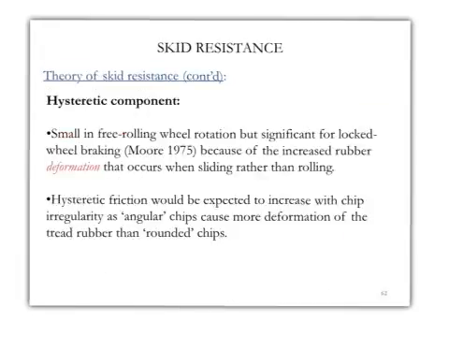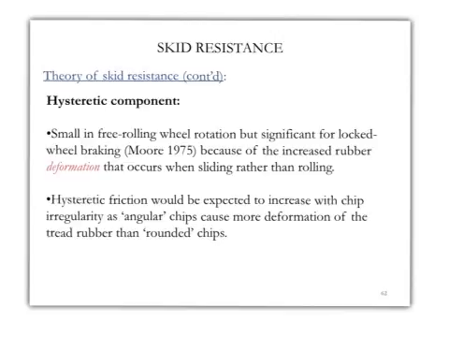Also in 1975, Moore gave us a conclusion that the hysteretic component becomes very small in free rolling wheel rotation, but it's significant for locked wheel braking because of the increased rubber deformation that really occurs when sliding rather than rolling.